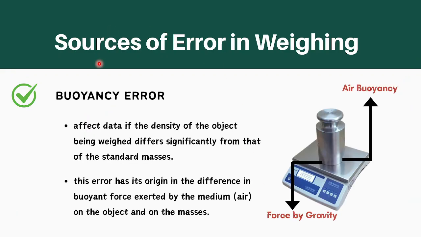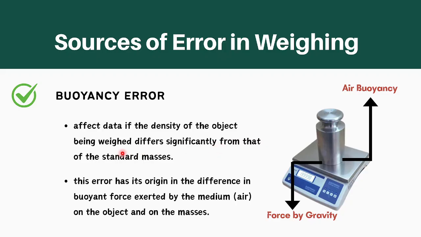Now, when we say buoyancy error, class, this is a type of error in weighing which affects the data, or the masses, if the density of the object that is being weighed differs significantly from that of the standard mass.